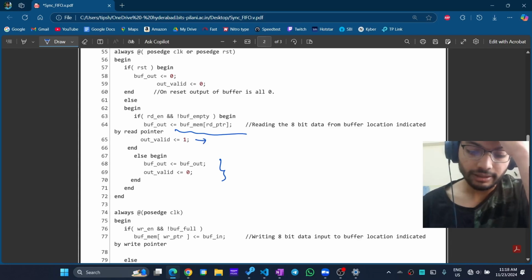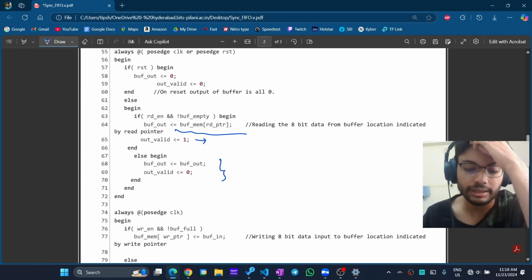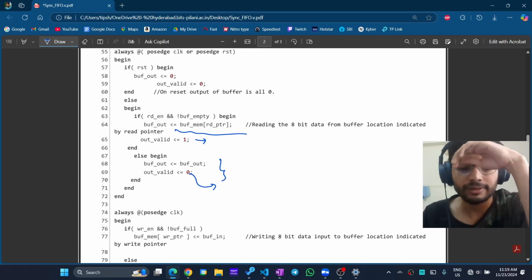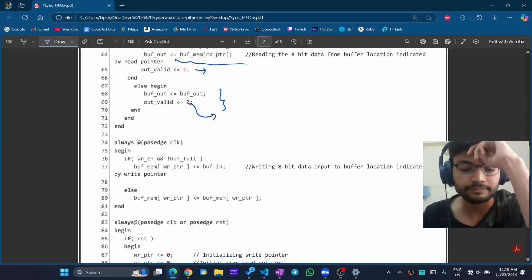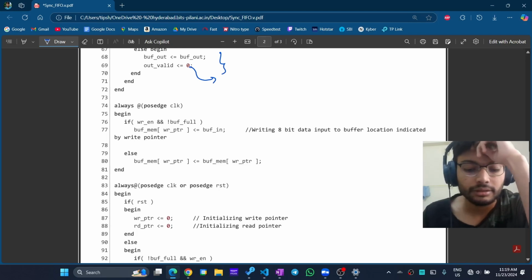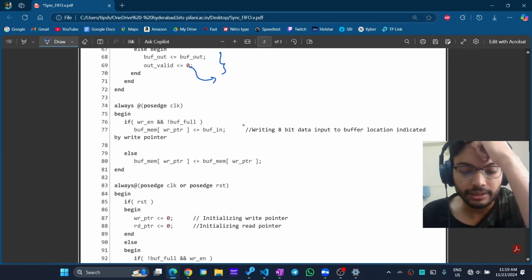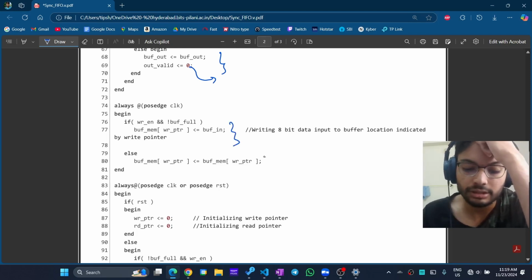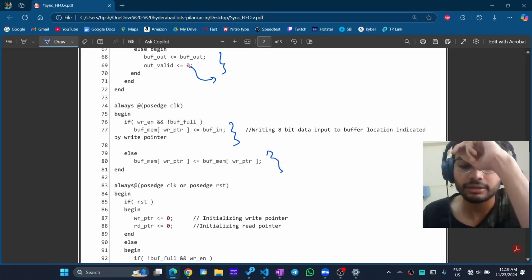Out valid is turned on when it is being read. Out valid becomes 0 when it is not being read, and when it is being written, the buffer memory is written with the inputs, and when it is not, it writes the same value back into the buffer memory.